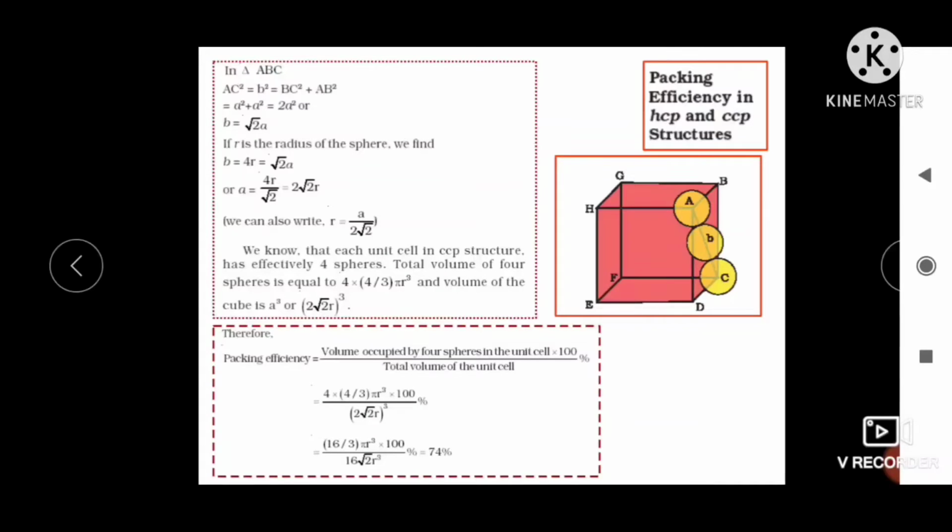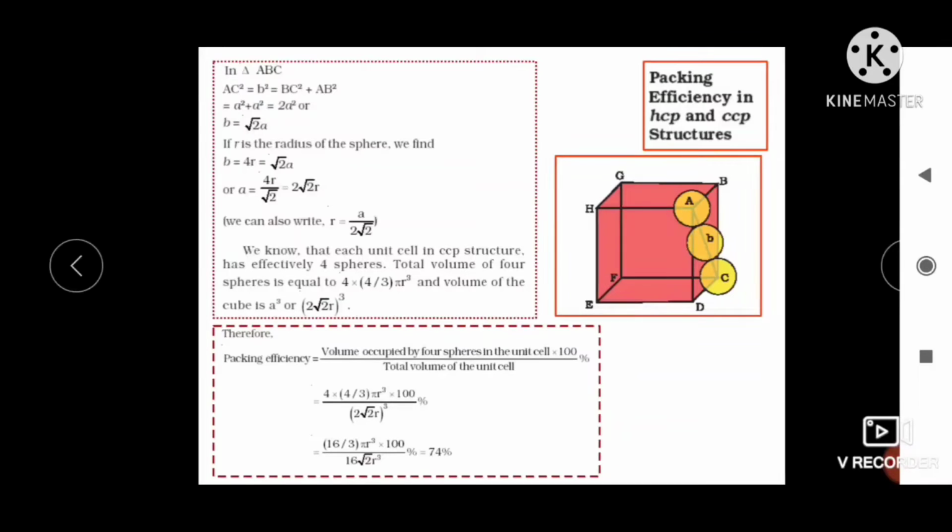In triangle ABC, according to Pythagoras theorem, AC square equals BC square plus AB square. Here AC is assumed to be b. It is the diagonal length. And AB and BC are edges.